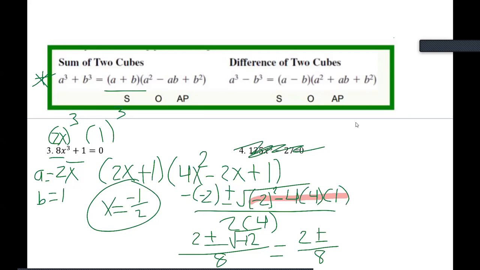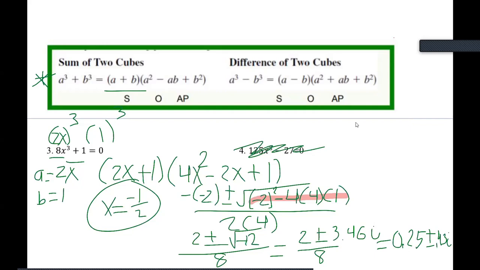It's about 3.46i. And if you want, you could divide each one of these parts by 8. So that would be 0.25 plus or minus 3.46 divided by 8, which would be roughly 0.43i. I rounded it a little bit though.